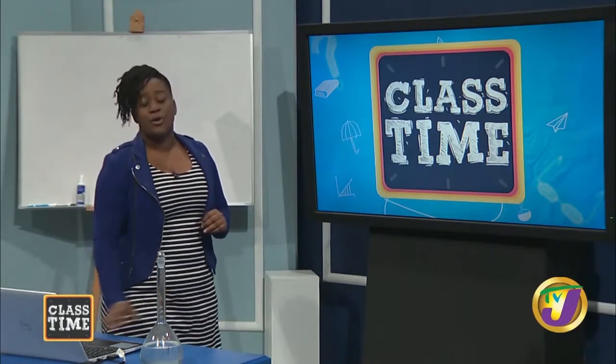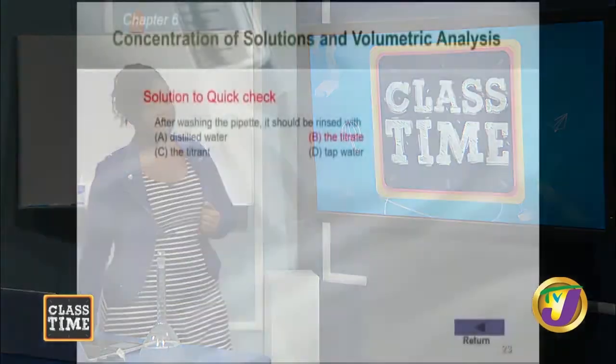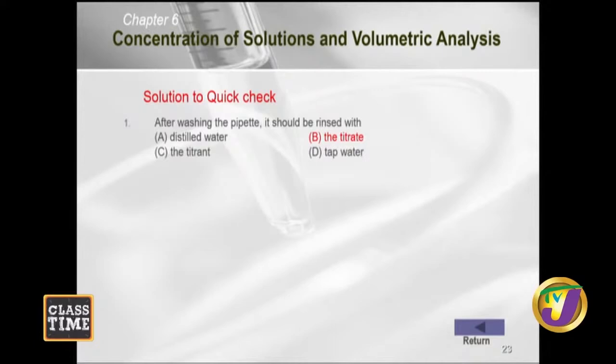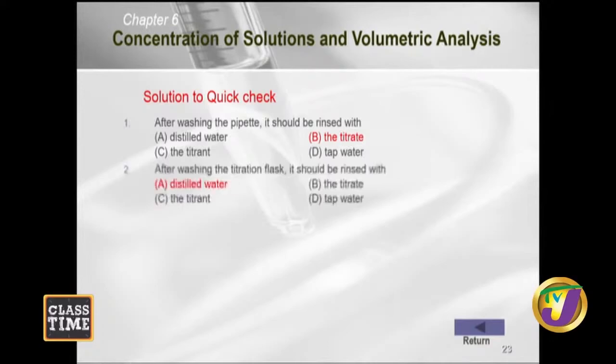All right, now to answer our questions. I hope you selected the titrate. So after washing the pipette, it should be rinsed with the titrate. So you should clean the burette, you should clean the pipette with the solution that you're about to pull up in the pipette, before you do your actual pipetting, all right?